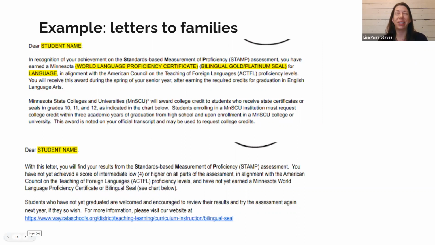Score reports can look different depending on what testing company you go with, but it will typically include not only the student's proficiency level, but a description of what this means in language learning terms, in terms of their skills. What are they doing well? What can they do? And what could they do as their next steps?